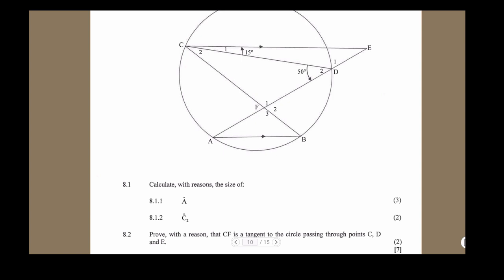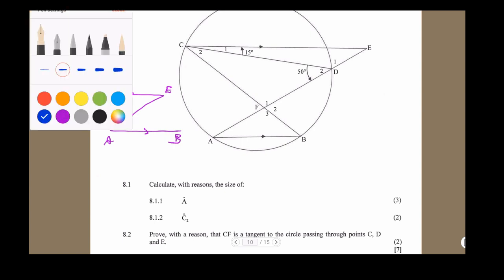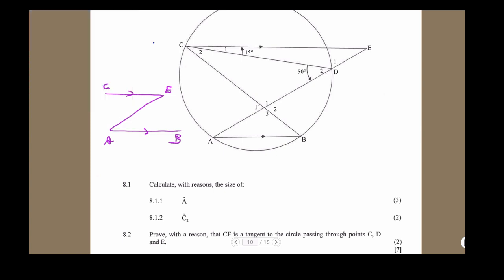Here we have CE parallel to AB. So we have something like this. This here is C, this here is E, and here we have A, here we have B. These two lines are parallel. They can't just give you these two lines and say they are parallel while you don't have to use them, so you have to use them.